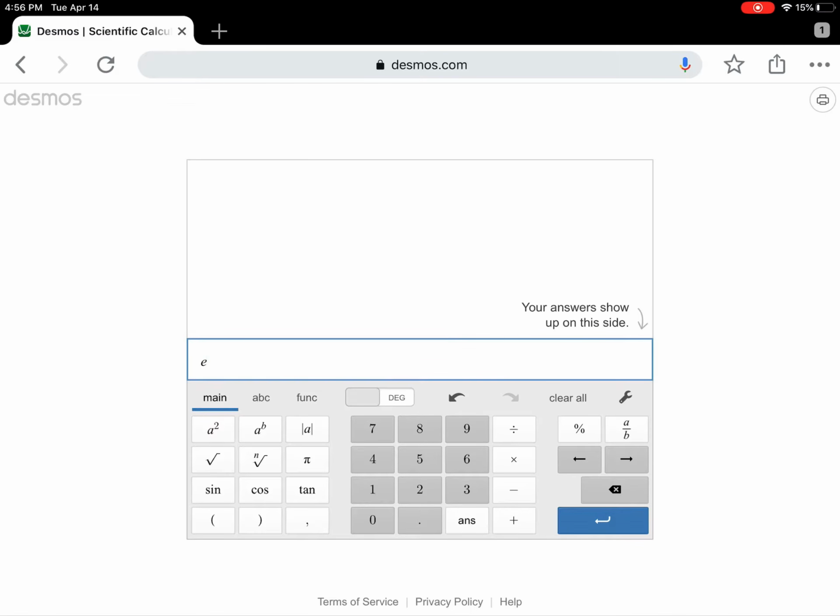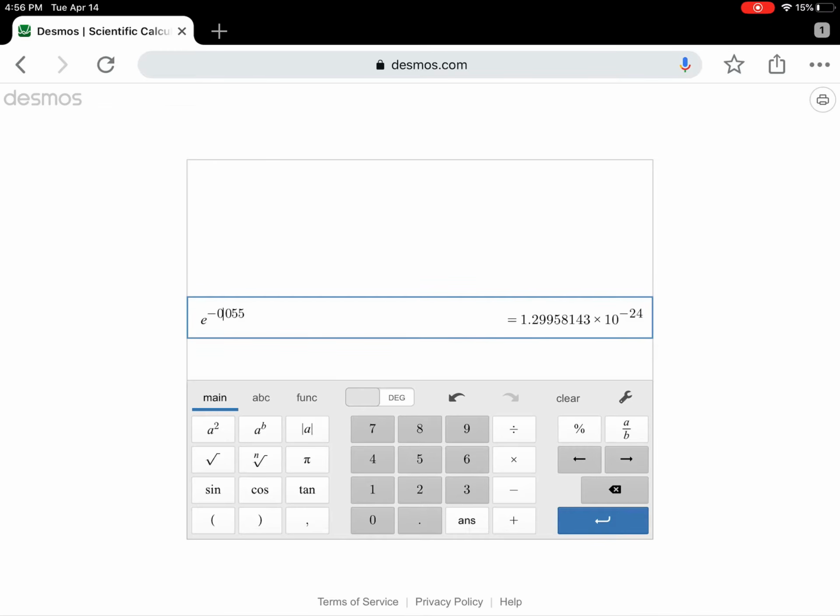I'm going to do e raised to the, not square, but what was our exponent? E raised to the negative 0.0515. And I hit enter. Oh, oopsie, I forgot something. 0.0515.